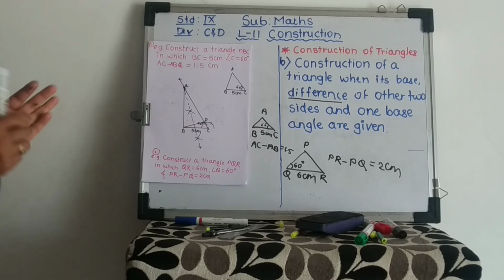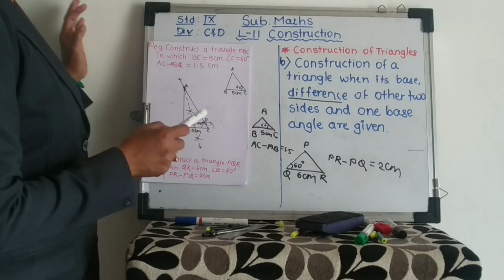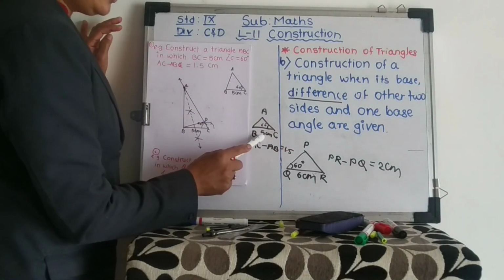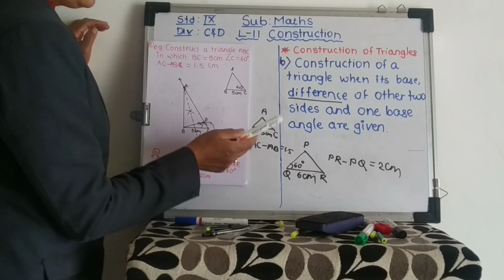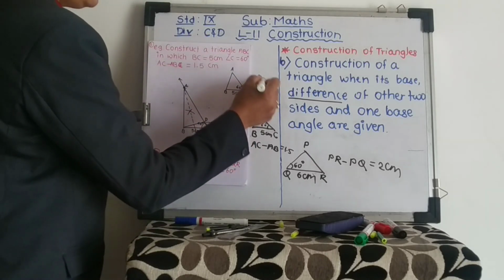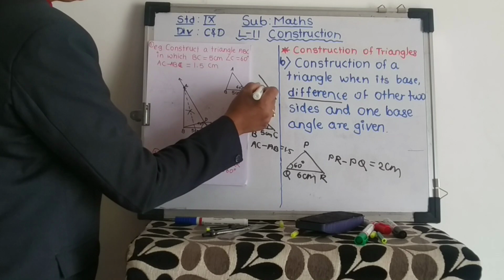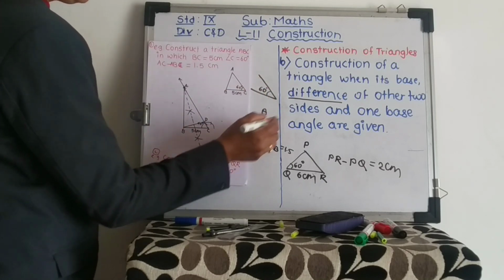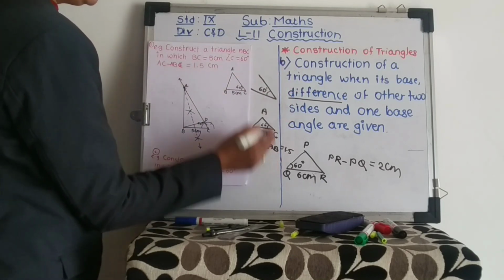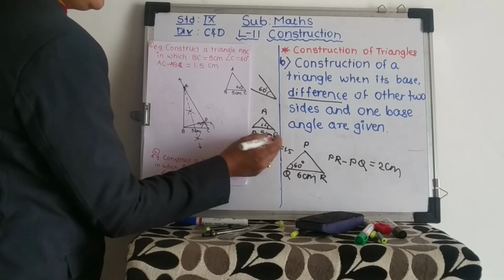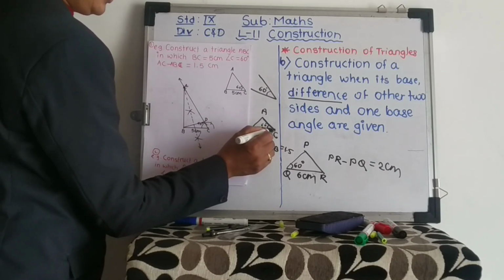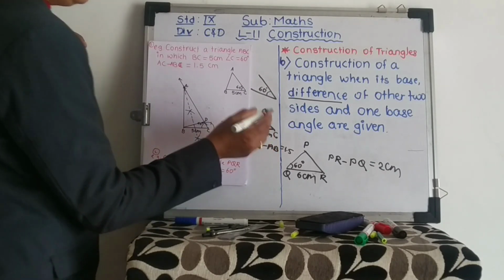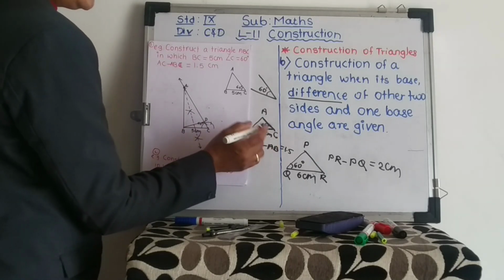Yes, you are correct. In the earlier sum, we have seen that the 60 degree angle was given to us, right? So one of the arms, this is your AC, is the adjacent side of that 60 degree angle.